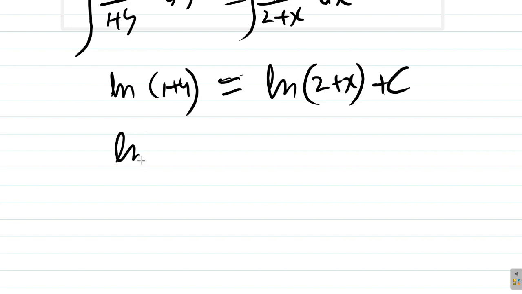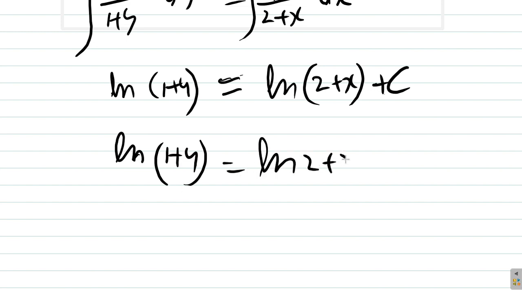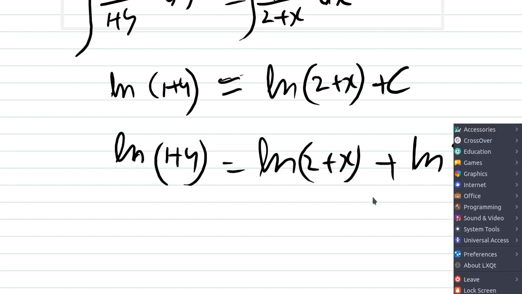So you have ln 1 plus y is equal to ln 2 plus x plus ln, let's call the number d. You find the natural log of d to get c. Now, remember the laws of logarithm.